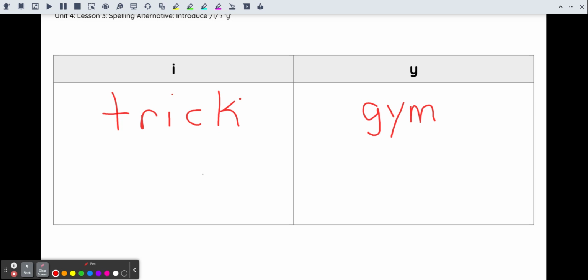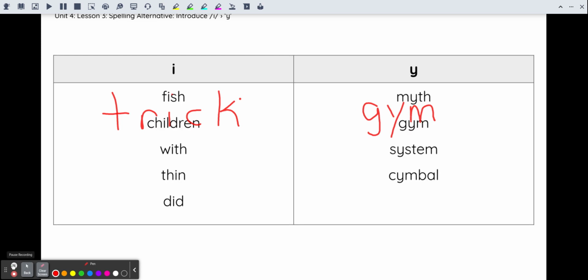Which letter stands for the I sound in this word trick? I is correct. Which letter stands for the I sound in this word gym? Y is correct. All right, let's go over some words that have the I sound. Fish. The I is saying I. Children.